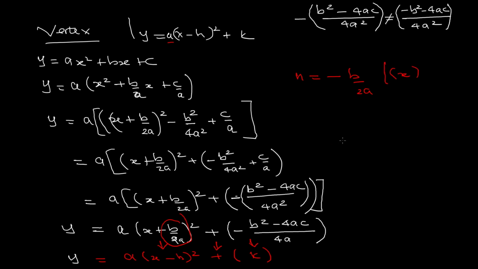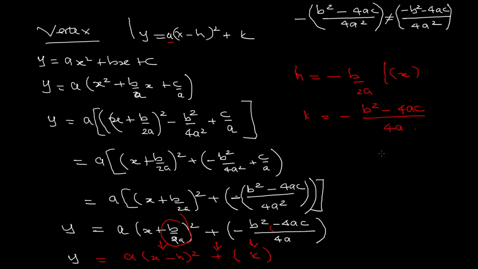So this is x at the vertex. What is k? What is the coordinate of k? What is y at the vertex? It's going to be this. So what is this? This is k. So we're saying that k was positive. This is negative. So we maintain what it was. So this is minus b squared minus 4ac over 4a.